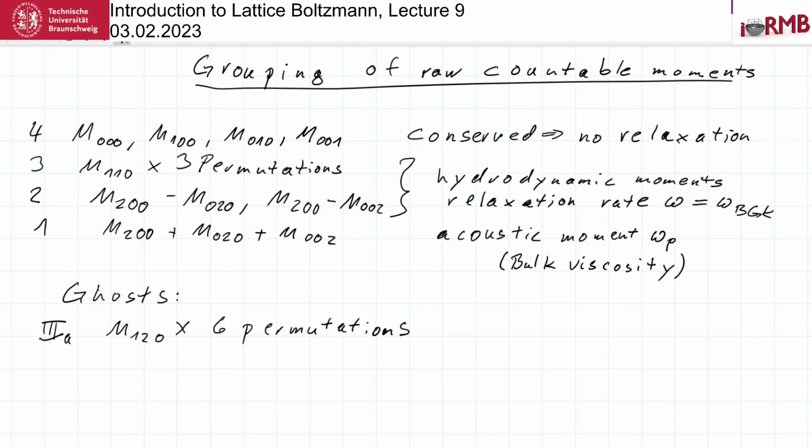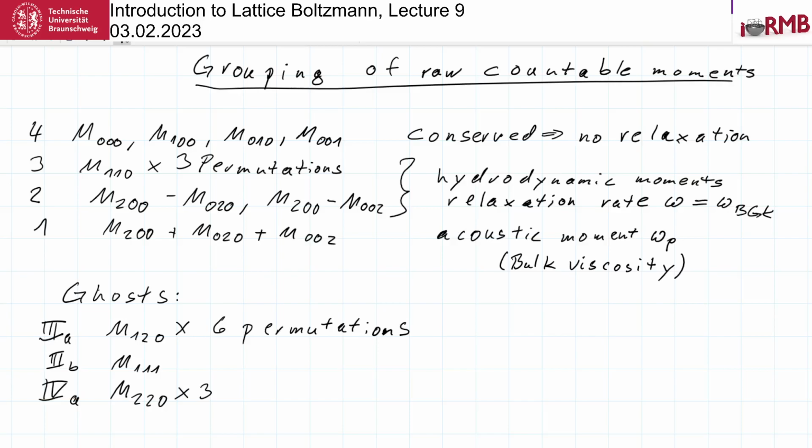So we have 6 permutations of this. Then we have only 1 permutation of M111. So I don't need to ask you for permutations anymore. And we have M220.